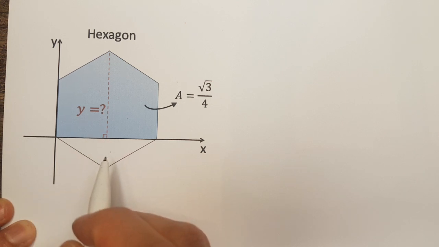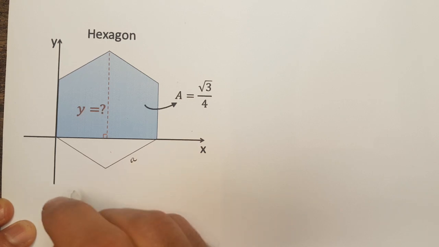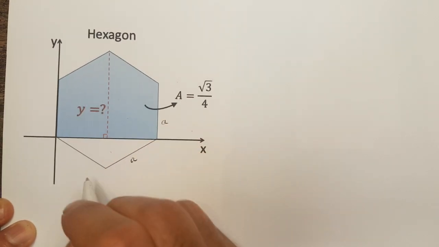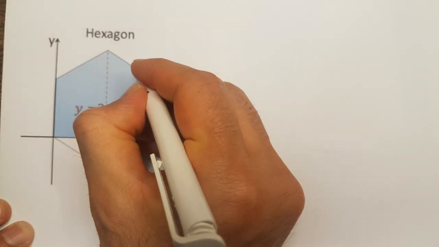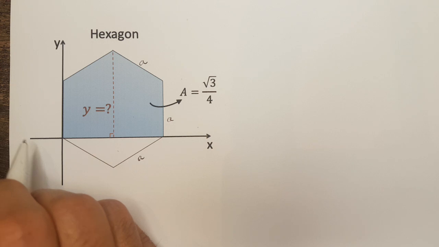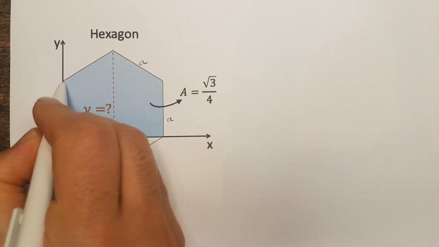So this is a regular hexagon, and all the side lengths are equal. Let's denote them by small a. Let's say that the blue area has two parts.